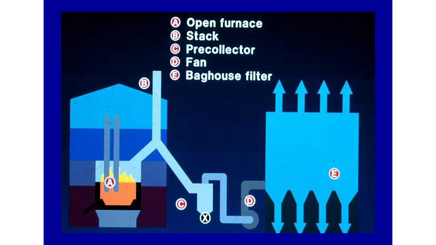Silica fume is produced as a byproduct during the smelting of ferrosilicon and industrial silicon metal in high temperature electric furnaces. During this process, a large amount of volatile SiO2 and Si gas is produced.